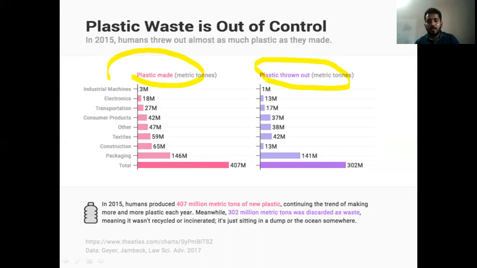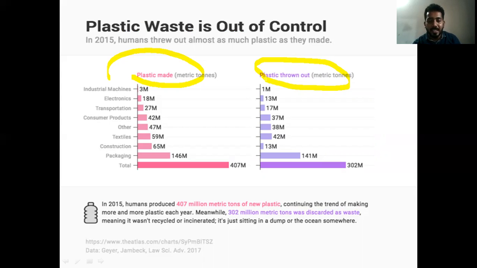On the left side we have plastic manufactured for industrial, electronic, transportation and consumer product purposes, like 3 million tons, 18 million metric tons, 27 metric tons, like that.